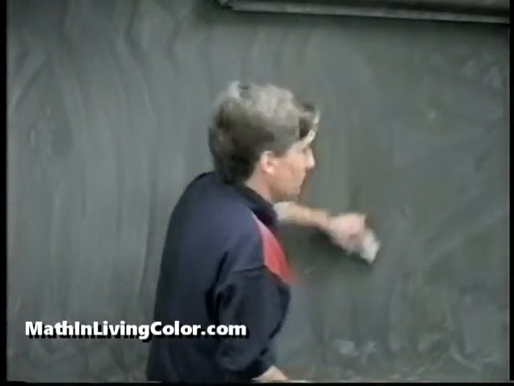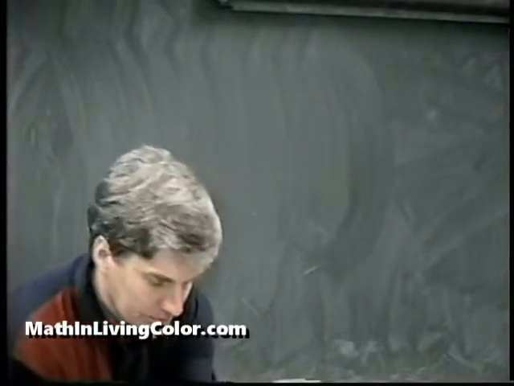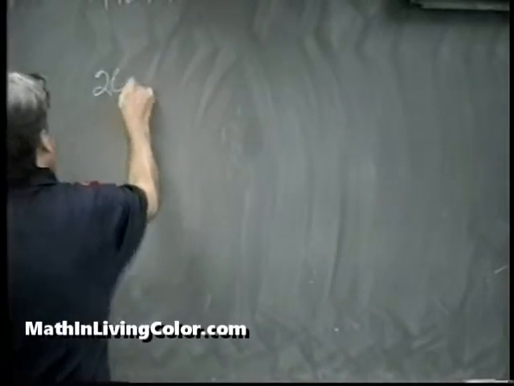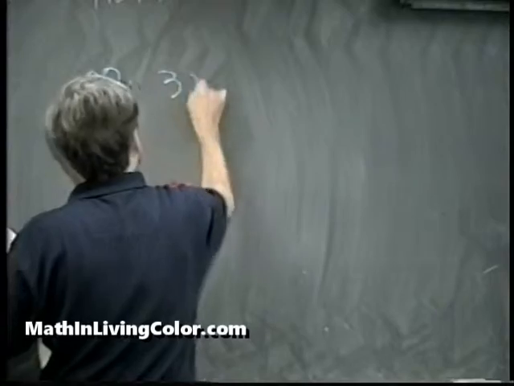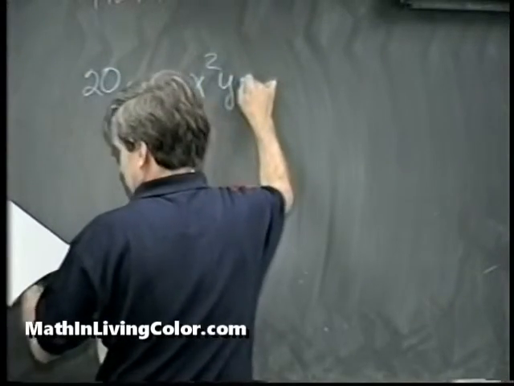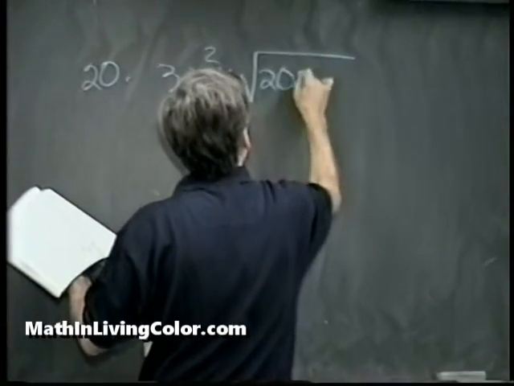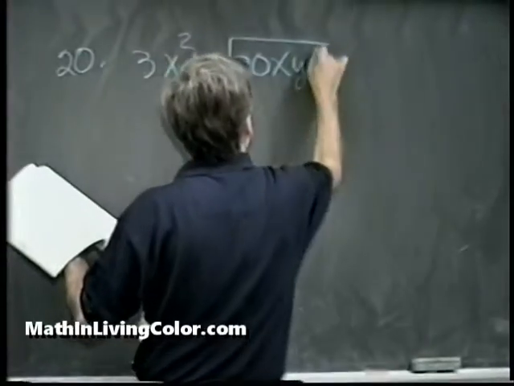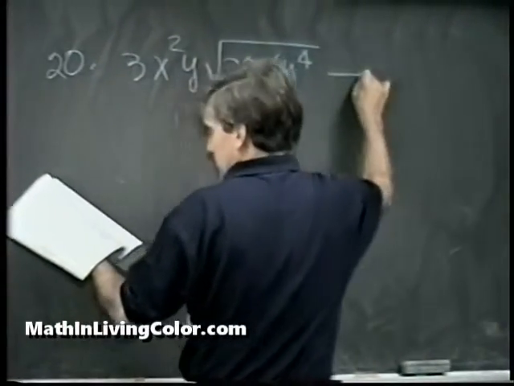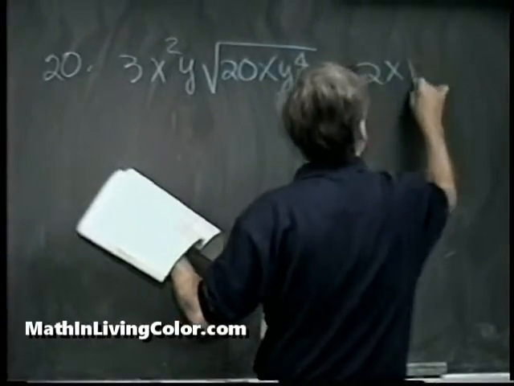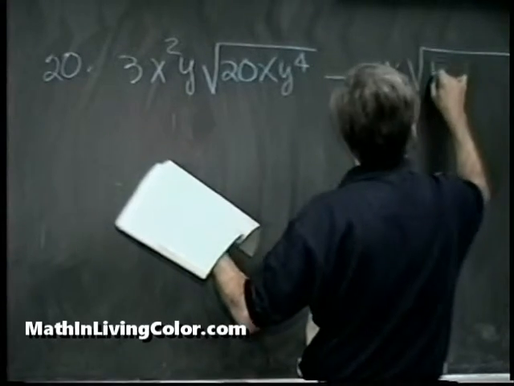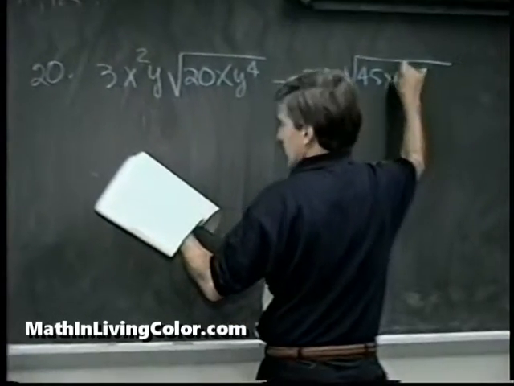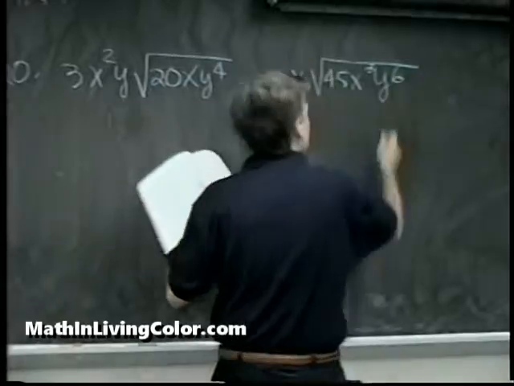Number 20. I believe it was number 20. Number 20, it says 3x squared y times the square root of 20x y to the fourth minus 2x square root of 45x to the third y to the sixth.